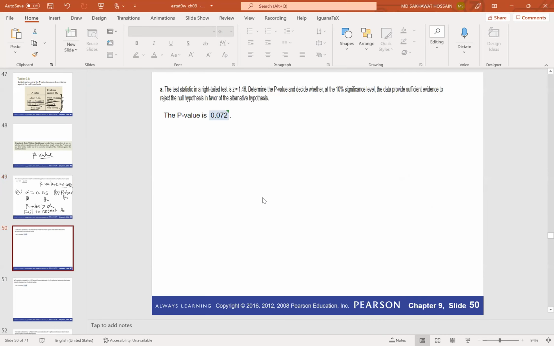So we have one more example here. The test statistic in a right tail test is z equal 1.46. So the test is a right tail test, so draw the normal curve. Here the test statistic z0 is equal to 1.46.